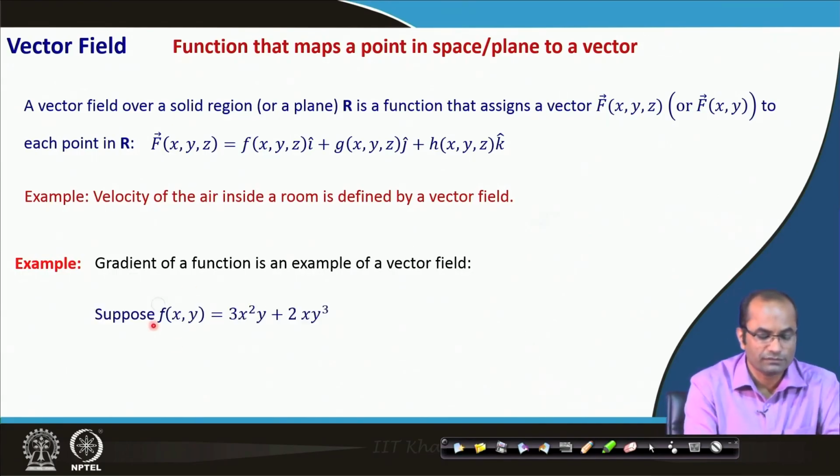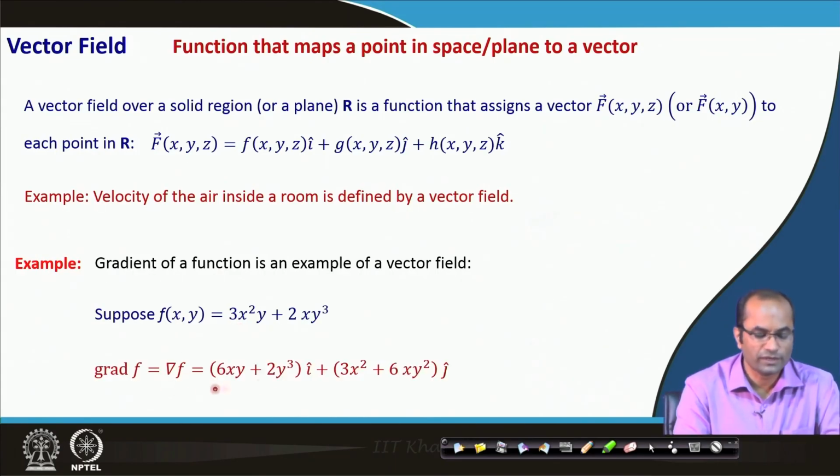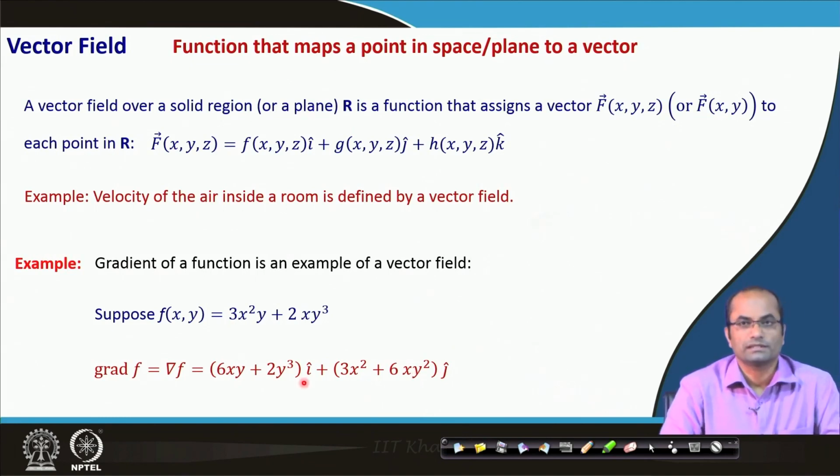For instance, we have a function of two variables, 3x square y plus 2xy cube, and if we find the gradient, then we have a vector function given by this expression. This is the function which takes a point in the R2 plane and gives a vector in R2. So again we can call this a vector field in the plane.